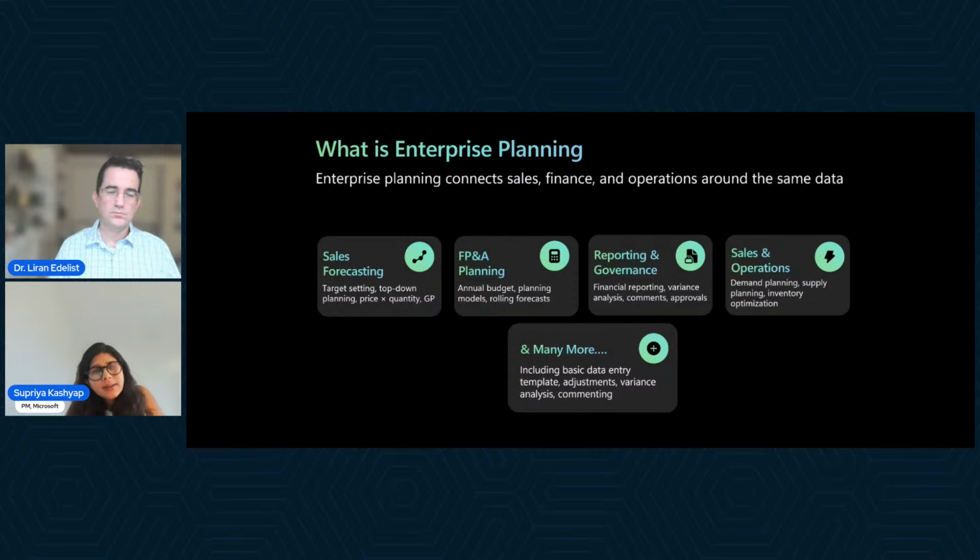So it spans a lot of use cases, starting from FP&A, where you do annual budgeting, rolling forecast. You can do sales forecasting and target setting. You can do sales and operations planning. There could be demand, supply, inventory, and reporting and governance, so on and so forth. So planning has many, many use cases.